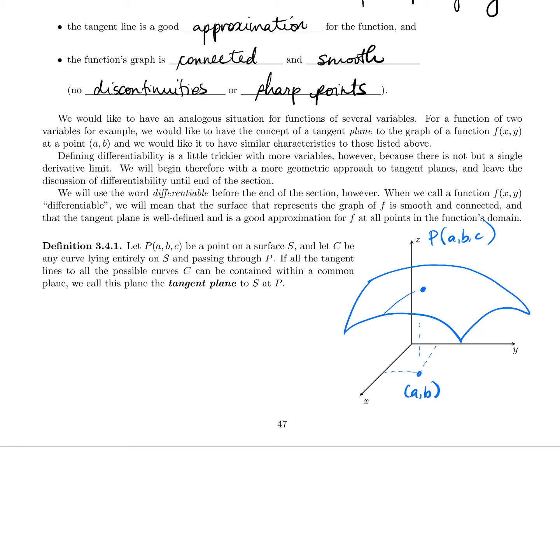We're imagining all sorts of curves drawn on that function surface passing through the point P. All of those curves have tangent lines defined. We saw those in our unit on vector curves. If we are able to contain all of those tangent lines in a single common plane, that plane is called the tangent plane.